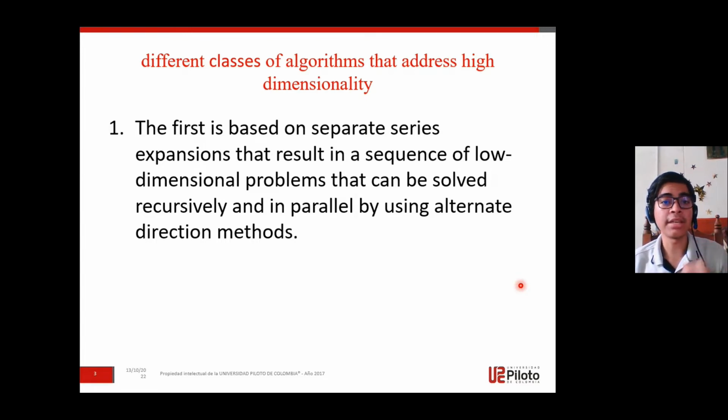The different classes of algorithms that address high dimensionality: the first is based on separated series expansions that result in a sequence of low-dimensional problems that can be solved recursively and in parallel by using alternating direction methods.